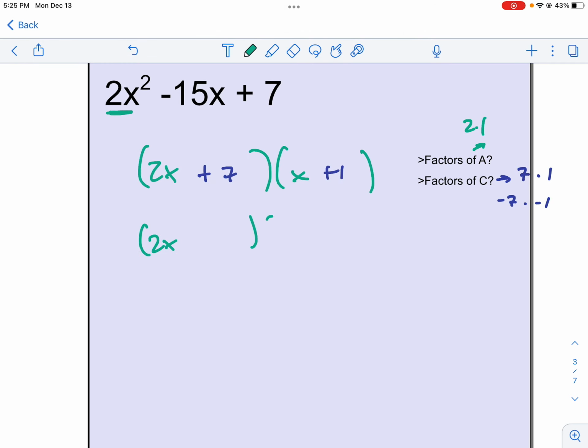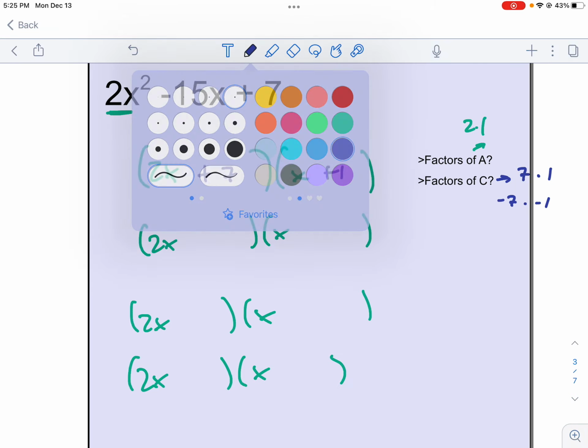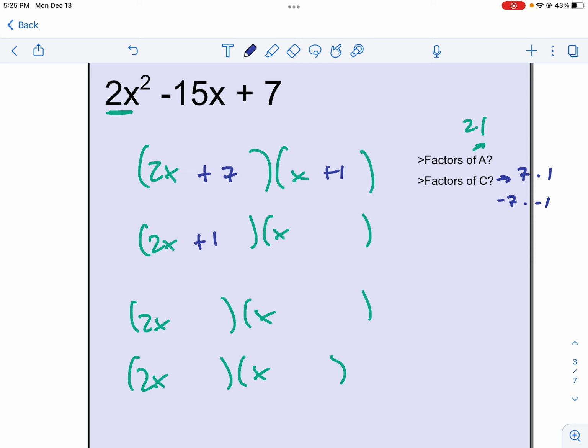I'll write a couple out here so I have them ready. We could have our first option flipped, plus 1 plus 7. And otherwise, our other option would be minus 1 minus 7, or minus 7 minus 1. And those are really my only configurations that can happen.